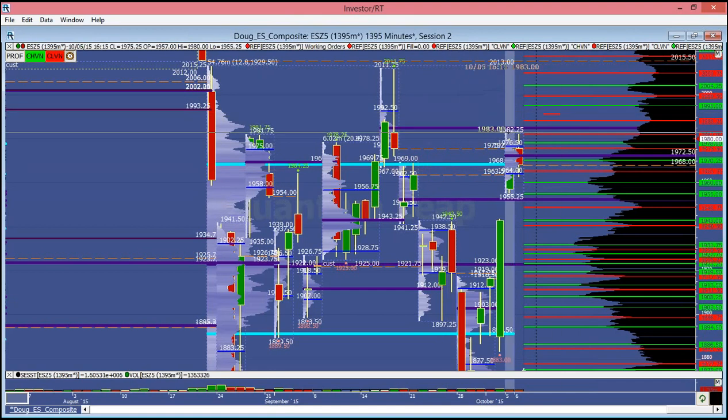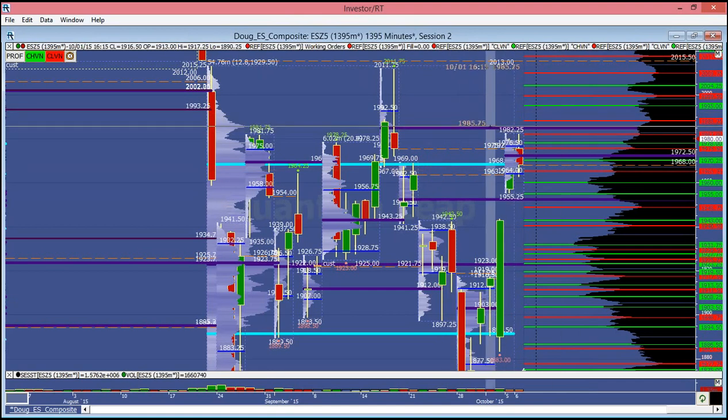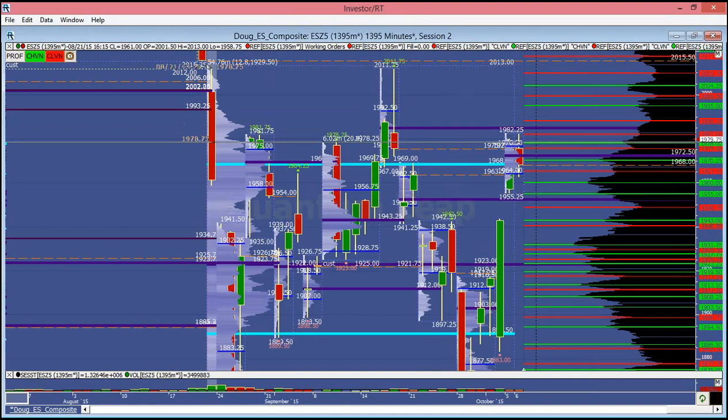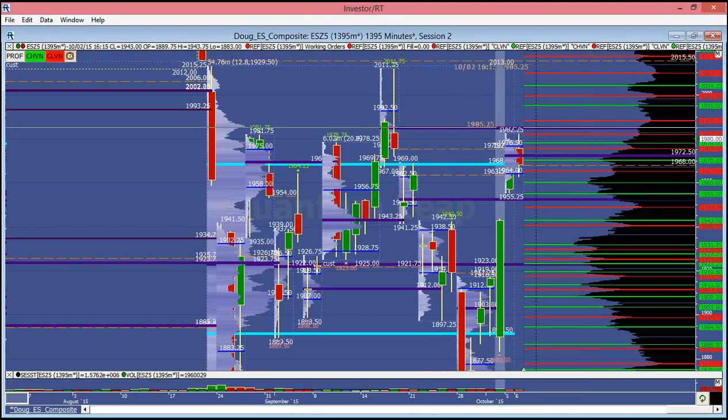But there's just above us a cluster here of targets at this 85. There's a naked VPOC. There's the naked microcomposite VPOC. It's a 50% of the significant breakout candle, all right here in the 85, 86 area.